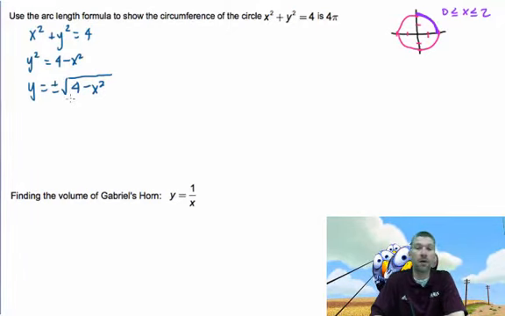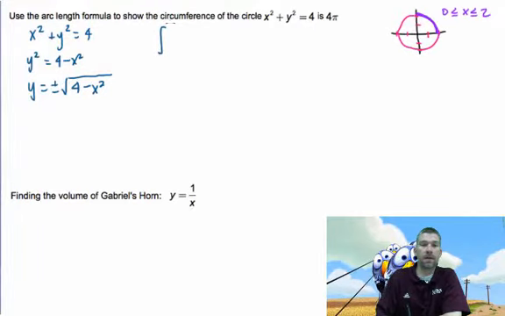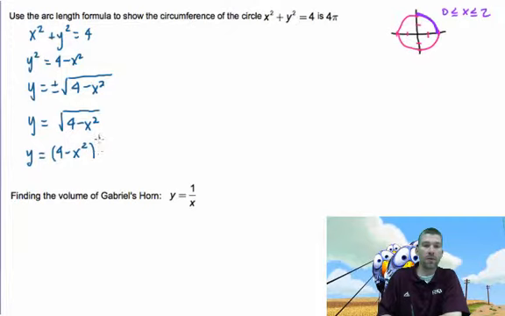But we're only looking at the positive part, and we're only looking from 0 to 2. So when I set my equation up here, I can look at just the function y equals the square root of 4 minus x squared, or y equals 4 minus x squared to the 1/2 power.